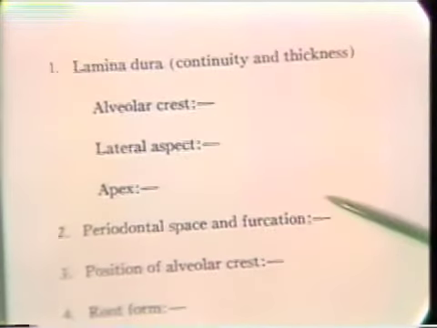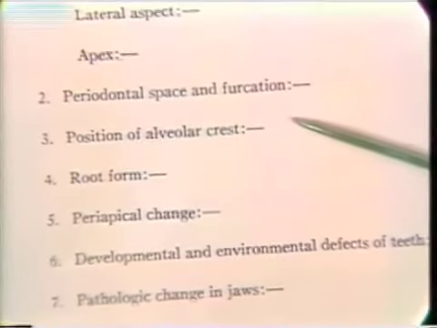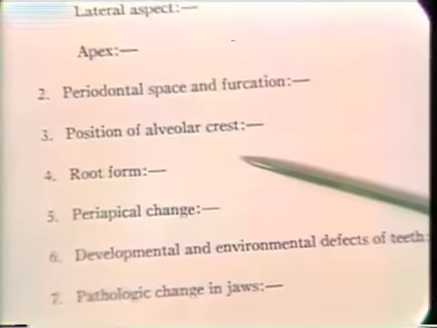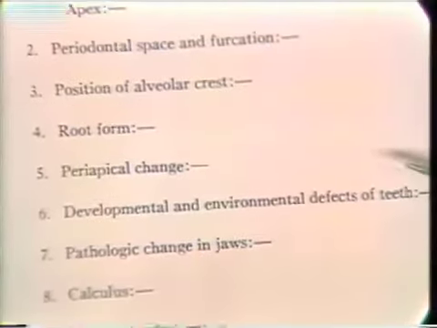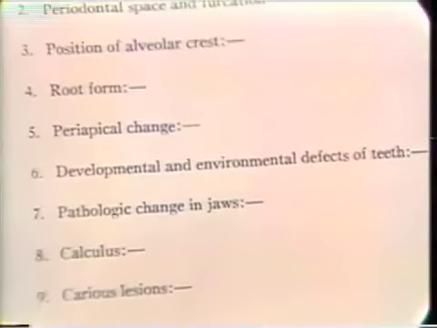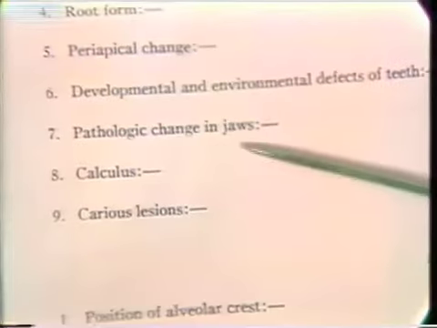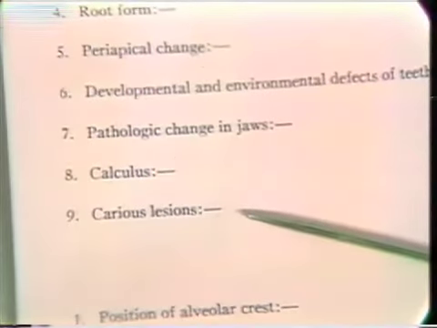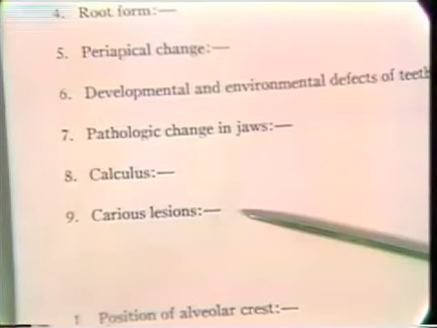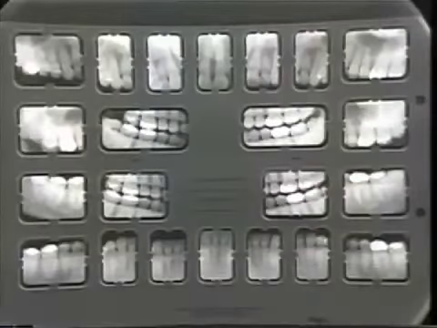Number 2, the periodontal space and bifurcation. Number 3, position of alveolar crest. 4, root form. 5, periapical change. 6, developmental and environmental defects of teeth. 7, pathologic change in jaws. Number 8, calculus. Number 9, carious lesions, we will record on form 9A, 9B. Now let's look at the radiographs themselves.